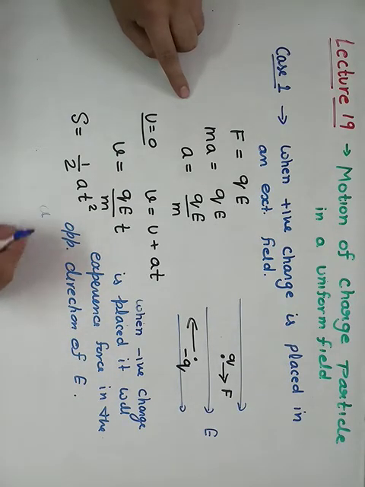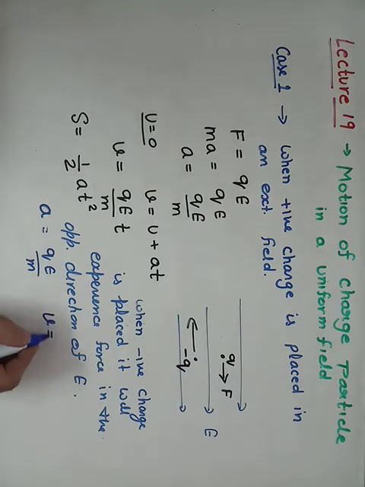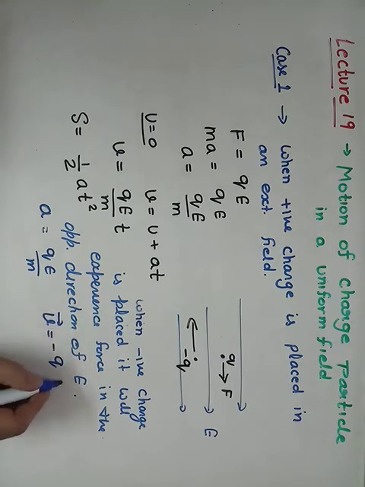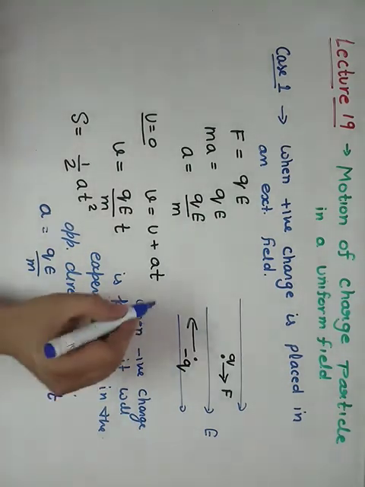A will be the same, equal to QE by M. V is also the same, but the direction is opposite. If we put a vector sign, then it is minus QE by M into T. For A, I will not put a negative sign because you will think that it is retardation, but it is not retardation, it is acceleration in the opposite direction. These are two cases, case 1 and case 2.